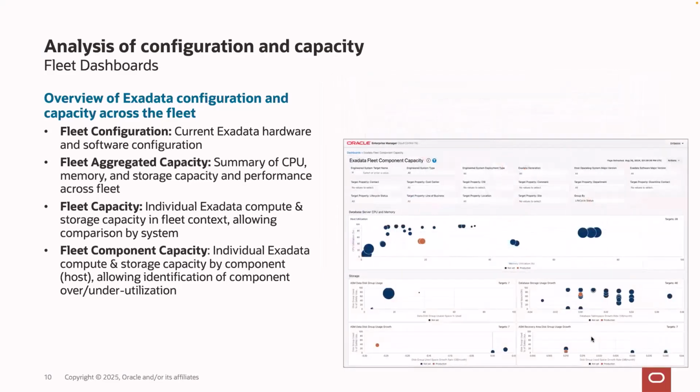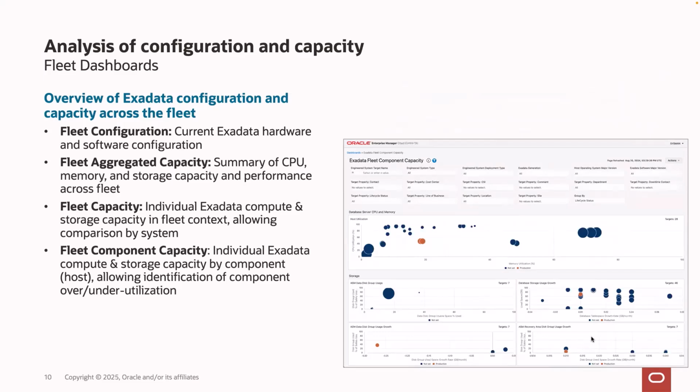You will also get aggregated capacity, fleet capacity, and component capacity, so you can see details on individual levels. Like if I have 10 Exadata, I can see that the total utilization is a certain amount.